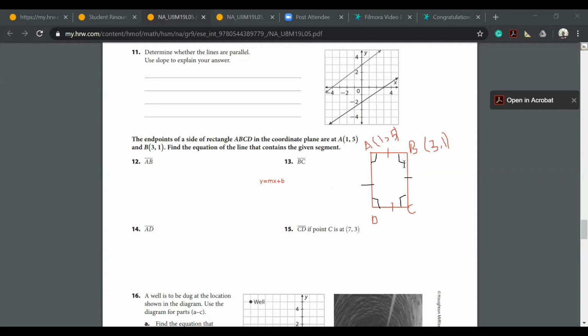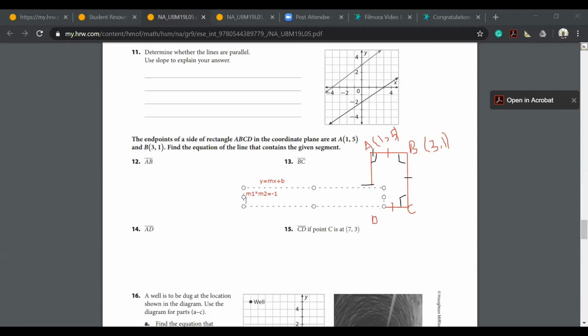And for two perpendicular lines, their slopes are what? M1 multiply M2 is -1, right? M1 is the slope of the first segment, which is AB.